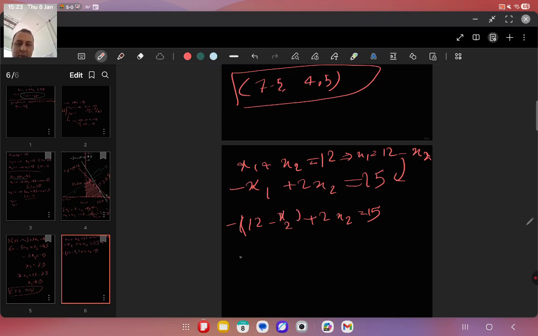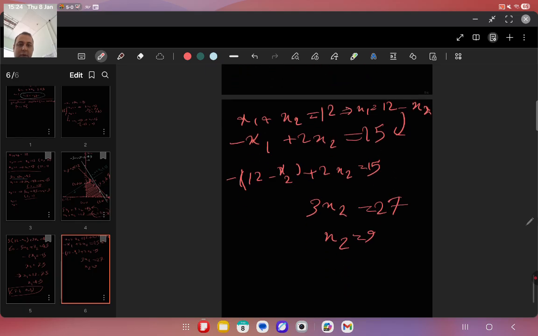Okay, so 12 plus 15 become 27. Sorry, 27. Here will be plus 3x2 becomes 3x2. x2 equal to 9.